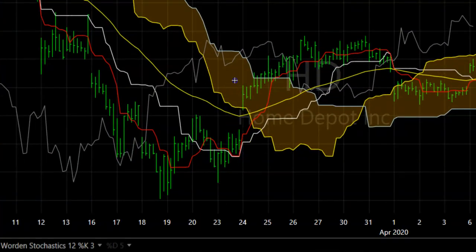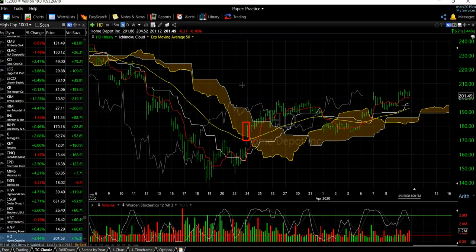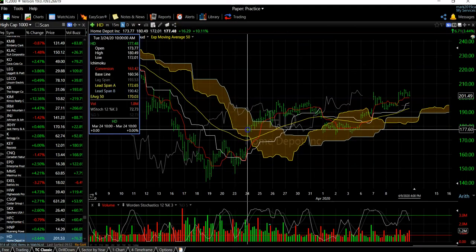The Home Depot price crossed the 50-day moving average somewhere here on the 24th of March. That's our first signal. If I select this particular price history, I will see on my left hand side that on Tuesday the 24th of March, Home Depot was $177. That was our first buy signal.